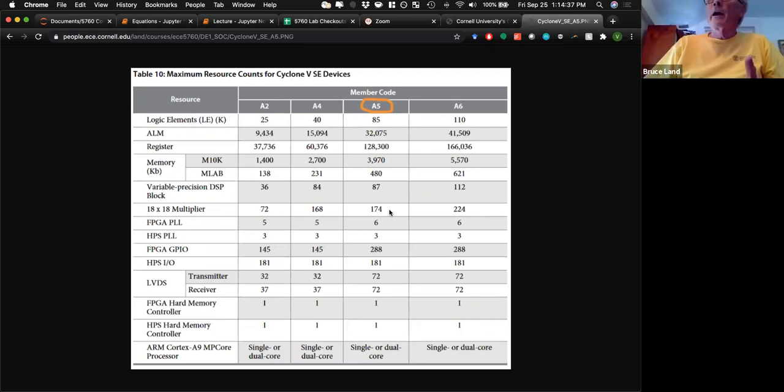I think that the 18 by 18 multiplier is a subset of the variable precision, partly because the 174 is exactly 2 times 87. So I believe that there are two 18 by 18 multipliers in each variable precision DSP block, which can go as high as 27 bits in one cycle. But I believe when you've used up 174 multipliers, you're done.